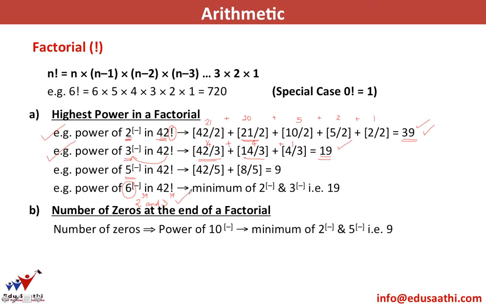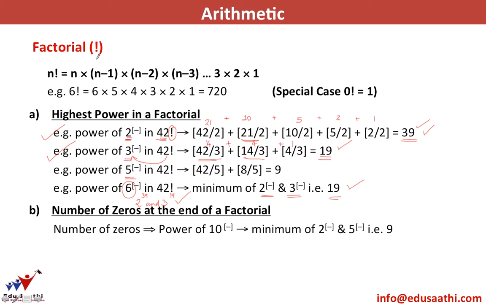There's a limitation on the number of 3's. The number of 3's is less than the number of 2's. So the minimum of the highest power of 2 and 3 would give me my answer, which is coming out to be 19 in this case.